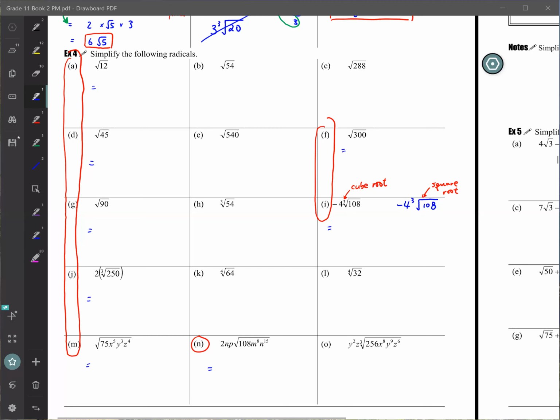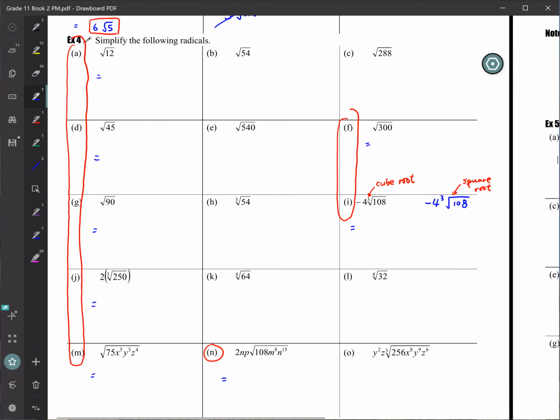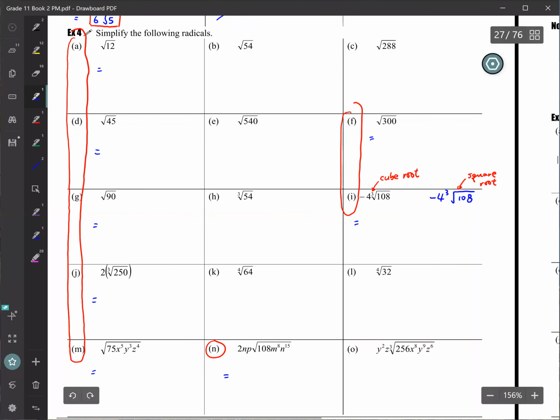You can also compare with the way I do the questions. Maybe it can help you speed up the steps as well. So for 12, what can go out? Ivy, what number can go outside? 2. Yeah, 2 can go out.